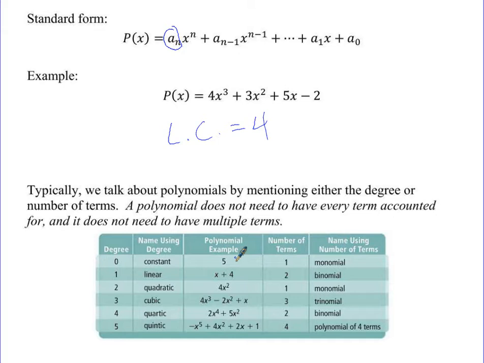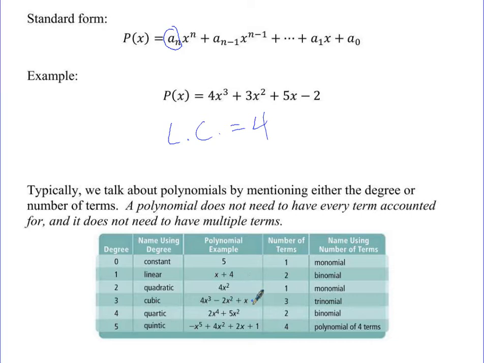Okay? So for example, for a 0 degree polynomial, 5 is a polynomial of 0 degree because there's no variable here. It's just a number. Okay? Constants have 0 degree. X plus 4 is a linear polynomial. If I graphed it, it would be a line that goes through 4 on the y-axis and has a slope of 1. Quadratic polynomial, 4x squared. Notice that there's only one term here. This is a parabola that has been stretched.